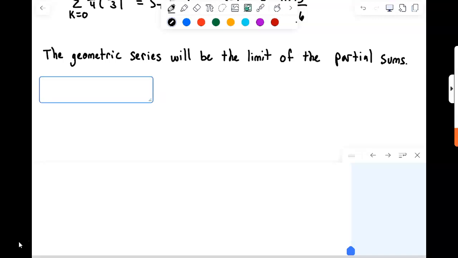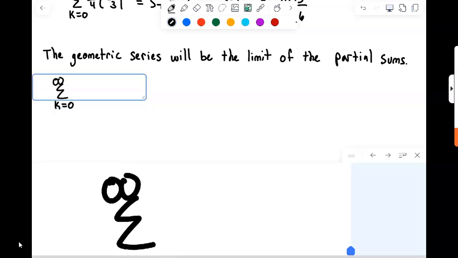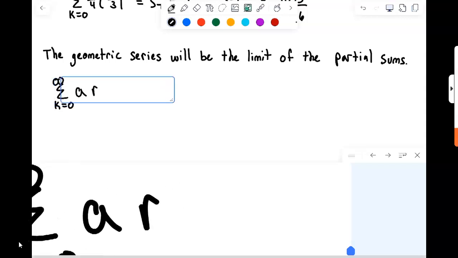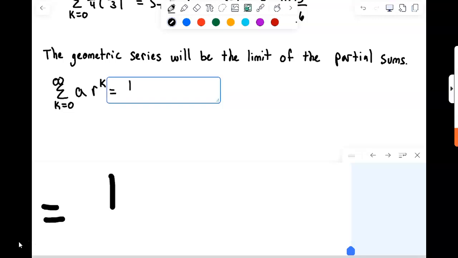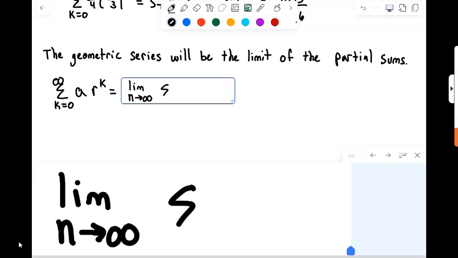So that means that the sum, as k goes from 0 to infinity, the infinite series of a r to the k, will be the limit as n goes to infinity of the partial sums. What are the partial sums?